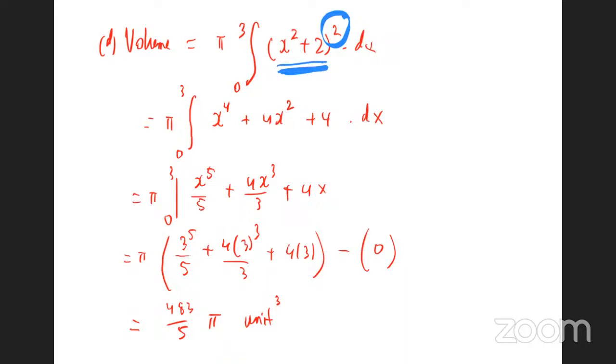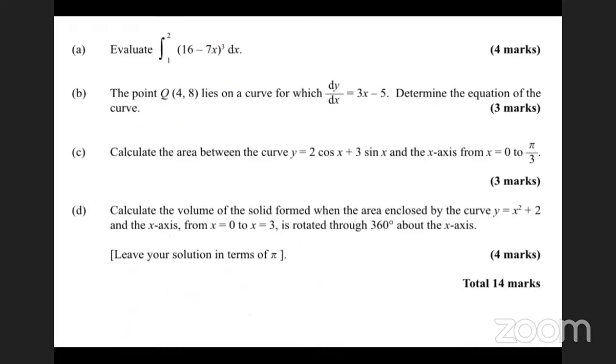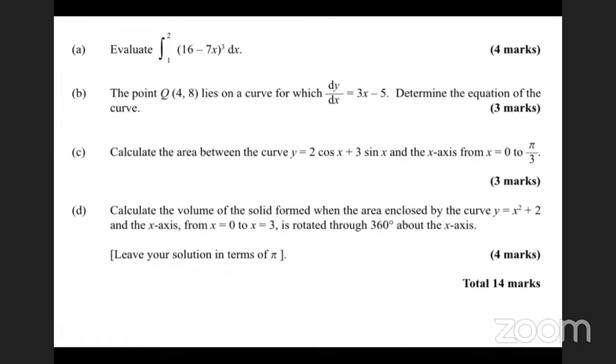Right, let's try part B now. Look at part B. The point P, which is 4, 8, lies on the curve, and they gave you dy/dx. How are you going to get the equation, Arya? How are you going to get the equation if they give you dy/dx? Integrate it. But you have a problem.